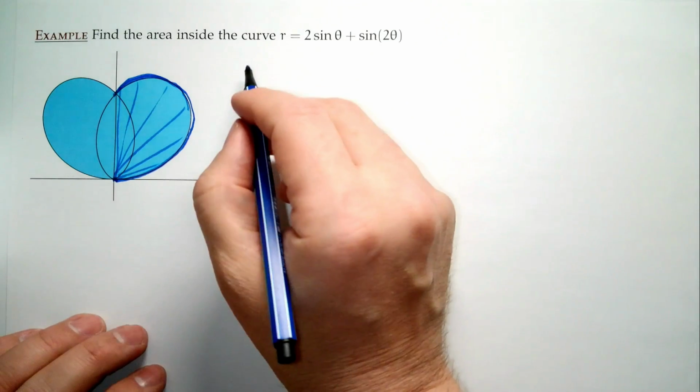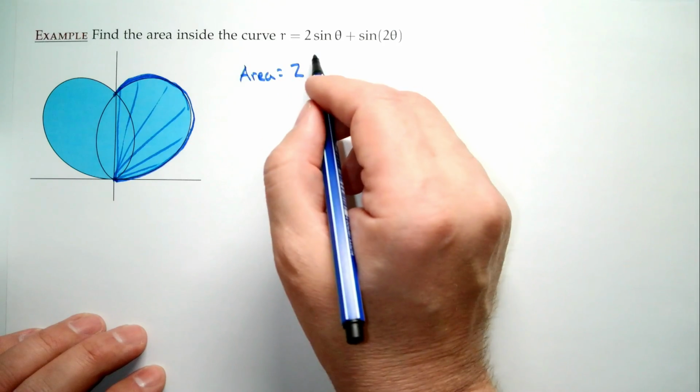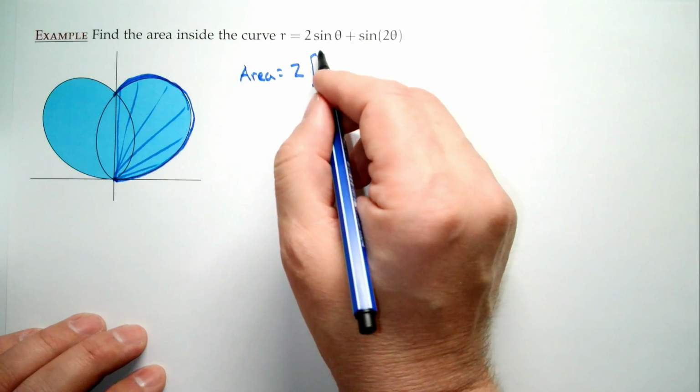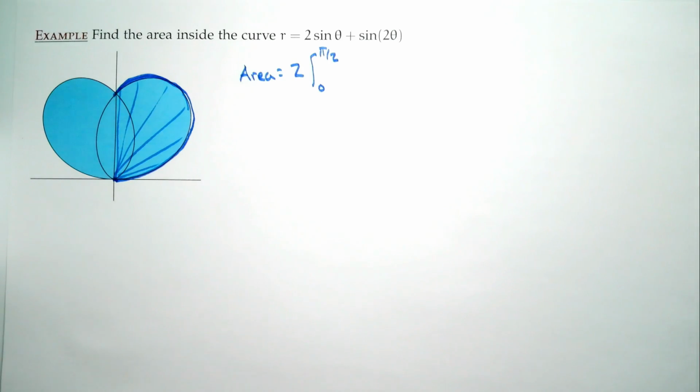So our area would be double what we get from going 0 to pi over 2. Do I need to worry about an outer curve minus an inner curve? No, I don't. Because my region starts at the origin. In essence here, the inner curve is r equals 0.